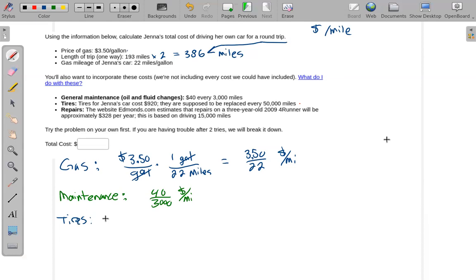And the tires, let's see, they cost $920, and they should be good for 50,000 miles. So their cost per mile is just like it says, take that 920 and divide it by the 50,000 miles. And you could do decimal versions if you want. I'm going to do that later. I'm going to keep them as fractions for now, so I don't have to worry about rounding. And then repairs.